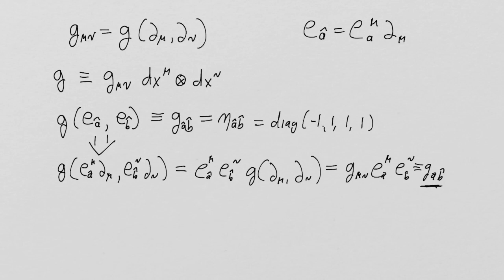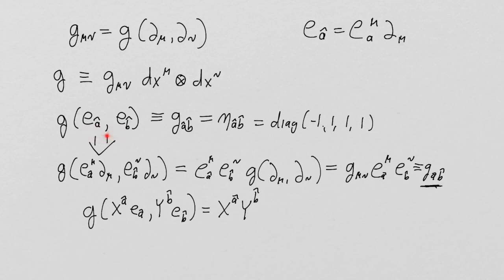I can write G of X A hat E A hat, Y B hat E B hat, which is going to be X A hat Y B hat times what's left behind here, which is G of E A E B, which I've actually shown already.